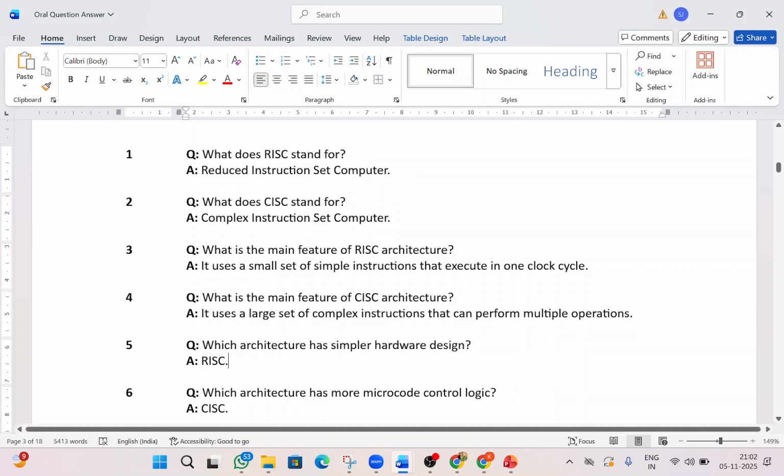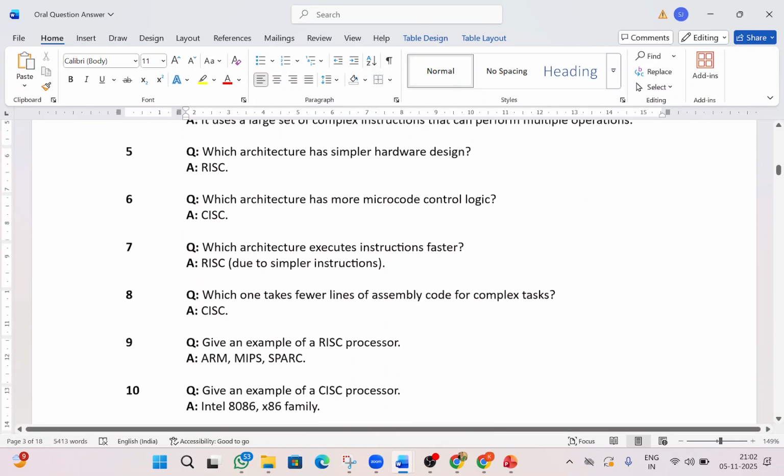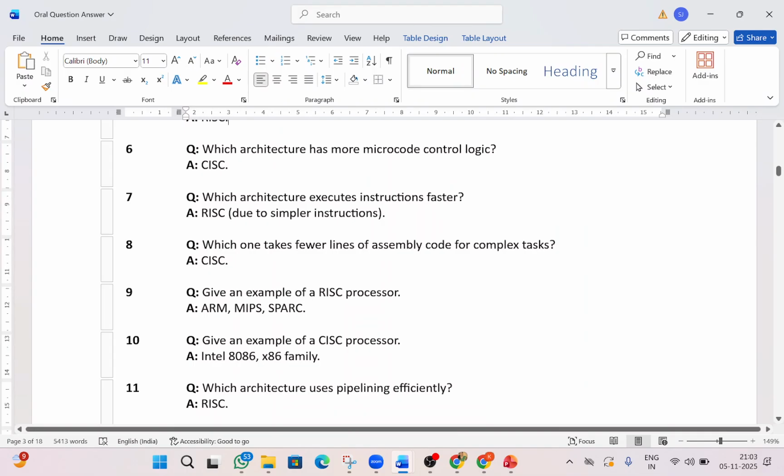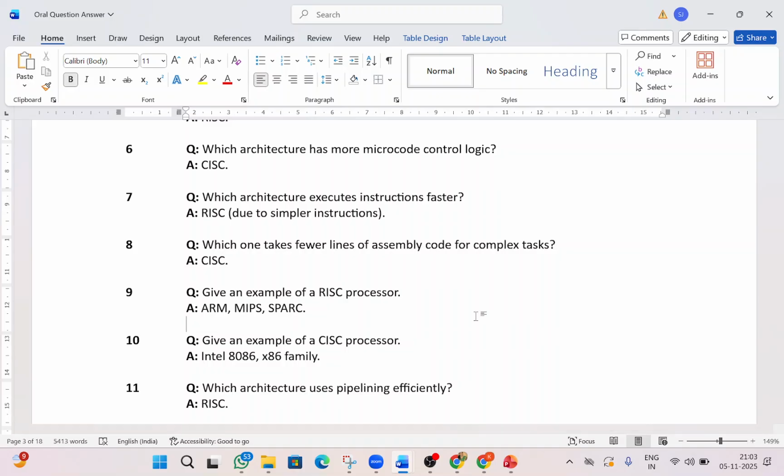Okay, next, the sixth question. Which architecture has more microcode control logic? That is CISC, complex instruction set computer.